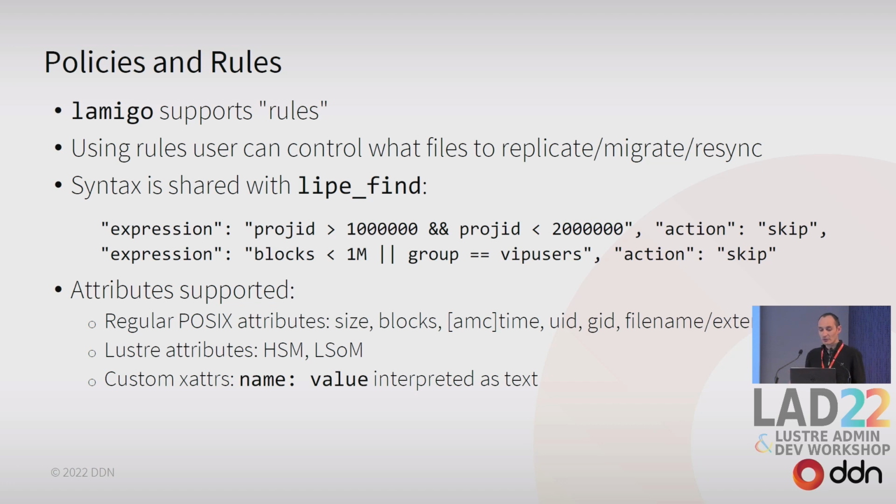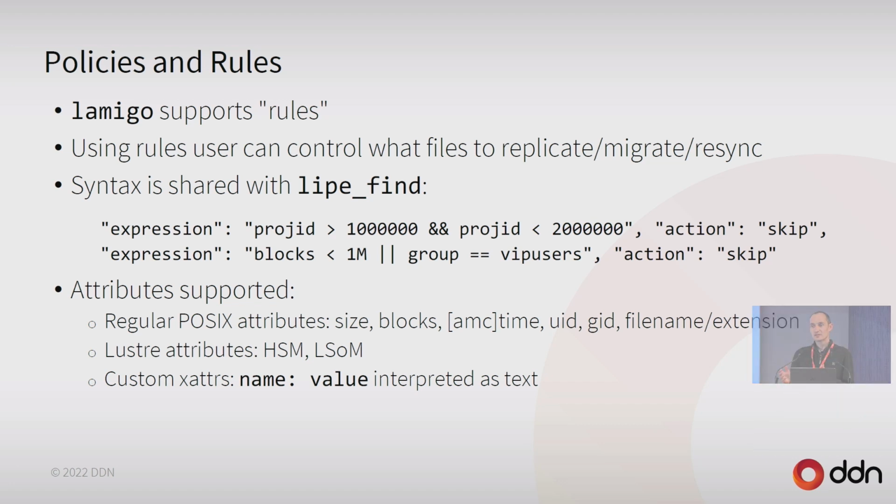Okay, another enhancement that is beneficial for Lamigo is to support rules. Lamigo is the tool that automatically mirrors files from your flash pool to your disk pool, and it does that for every file. There is no distinction. And policies let you refine this behavior, so you can define filters which will decide which files will be actually mirrored.